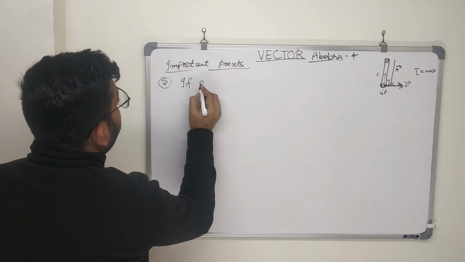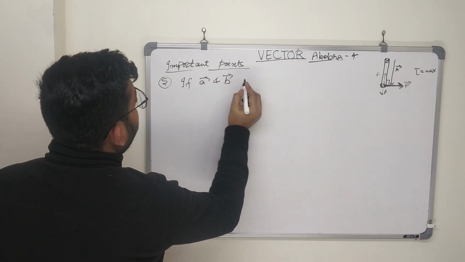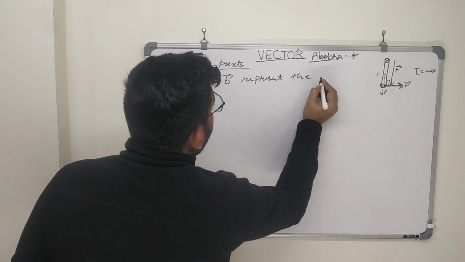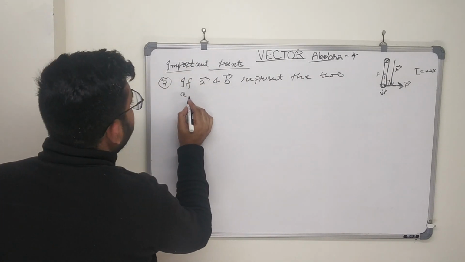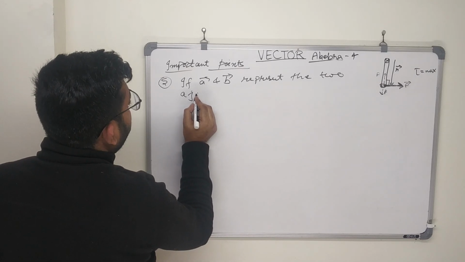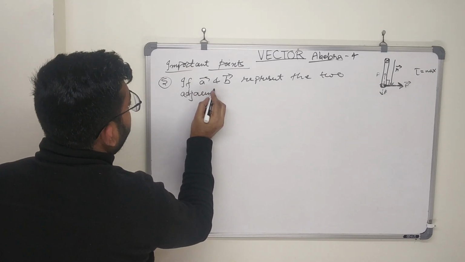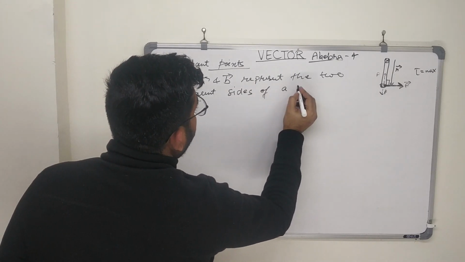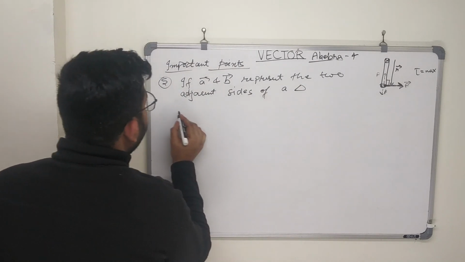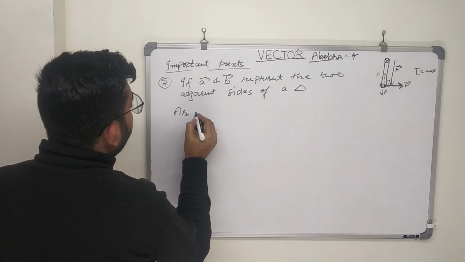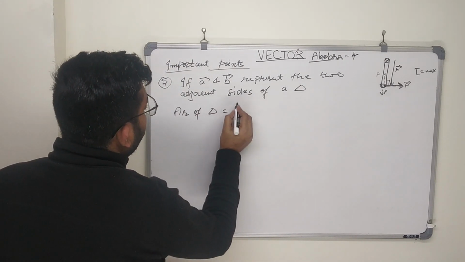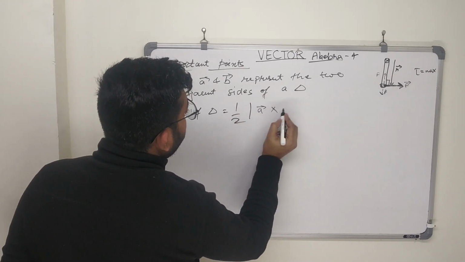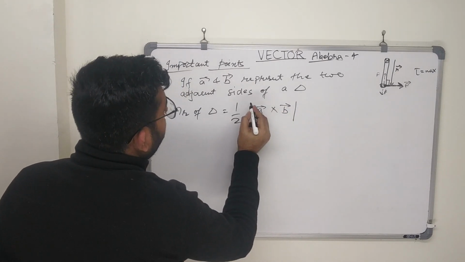Now the next point is point 5. If A vector and B vector represent the two adjacent sides of a triangle, then the area of the triangle will be equal to 1/2 of the magnitude of A vector cross B vector.